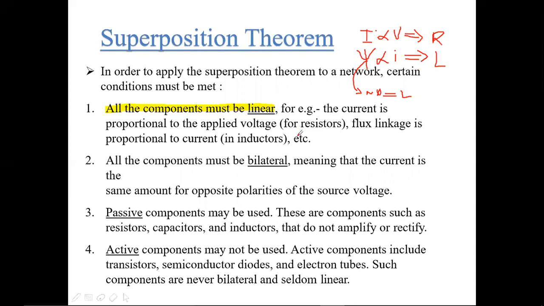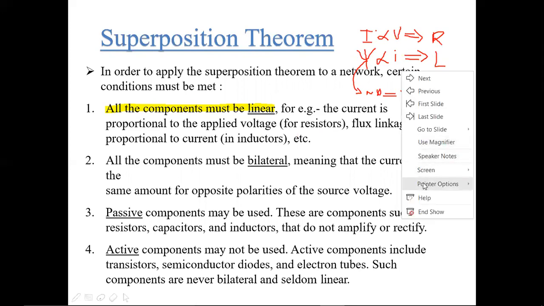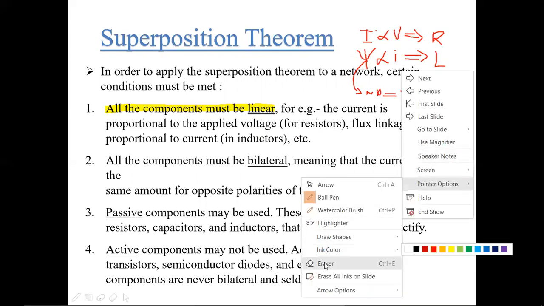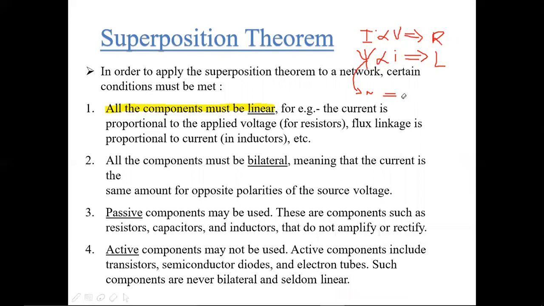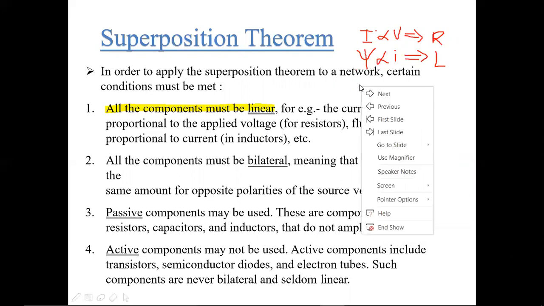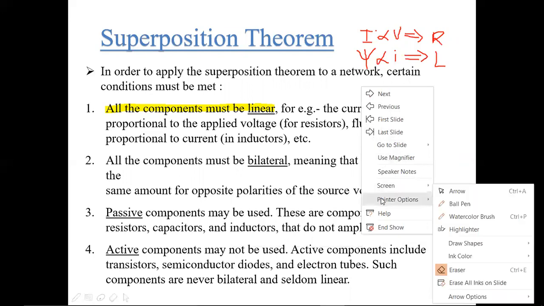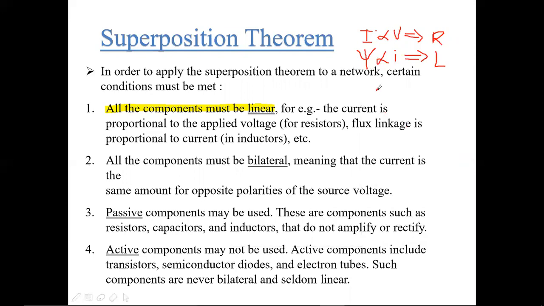Then what about the etc.? You can include the capacitor term. Here we can't explain all the wording, and that is the reason I added the etc. Anyway, I'm going to explain why I included the capacitor term. What is the capacitor?